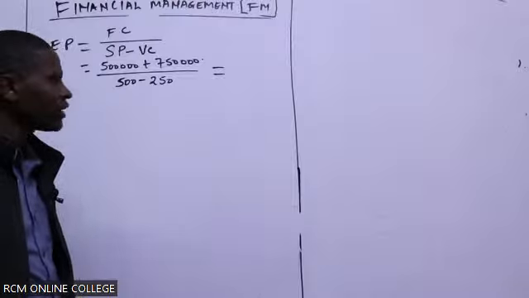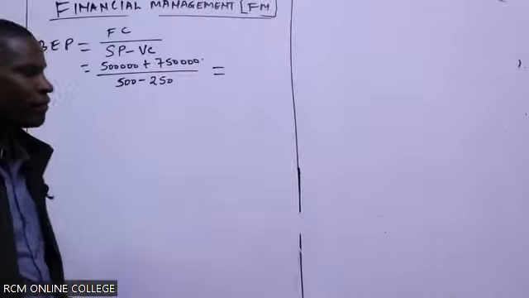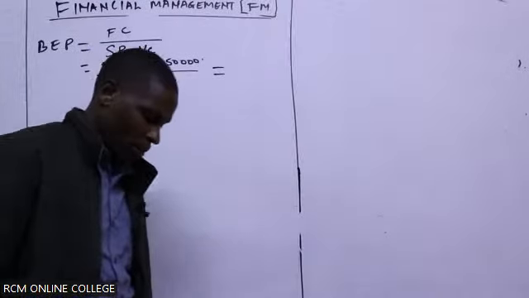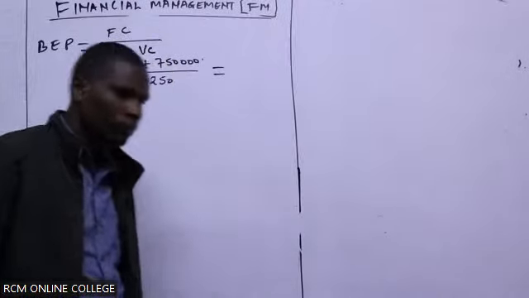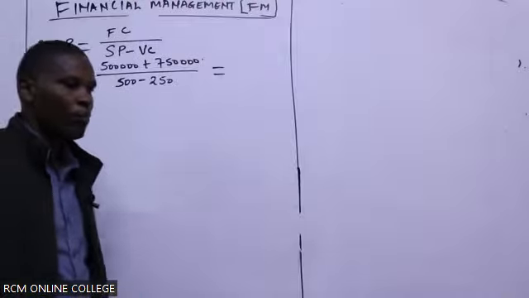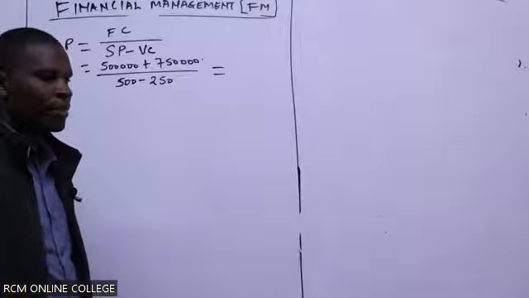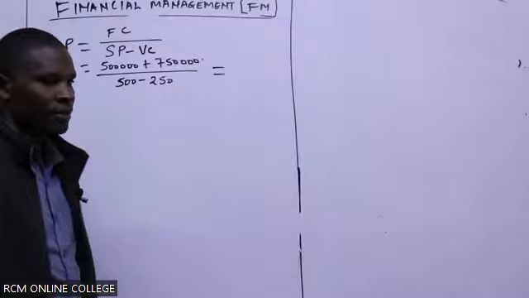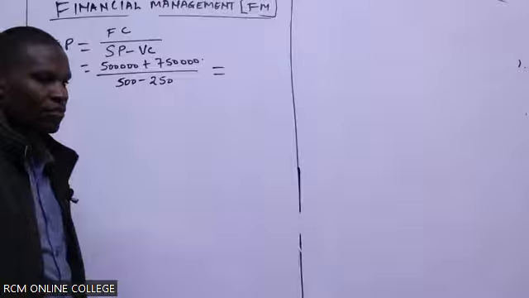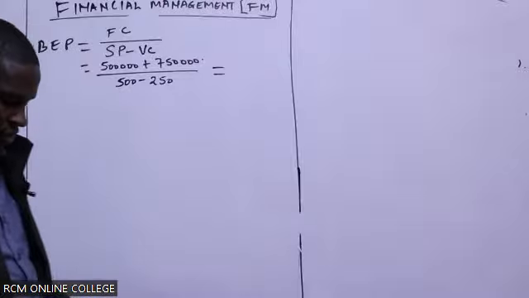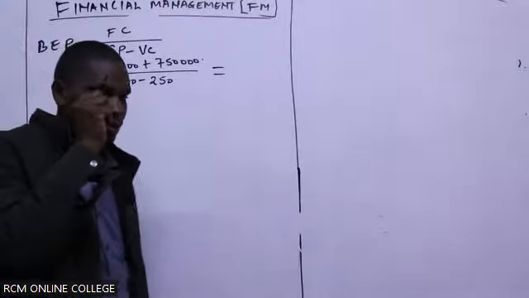How much shall we get as our break even point for that? Give me that. First of all, add, then divide by 250. Whatever that you get is the break even point in units.